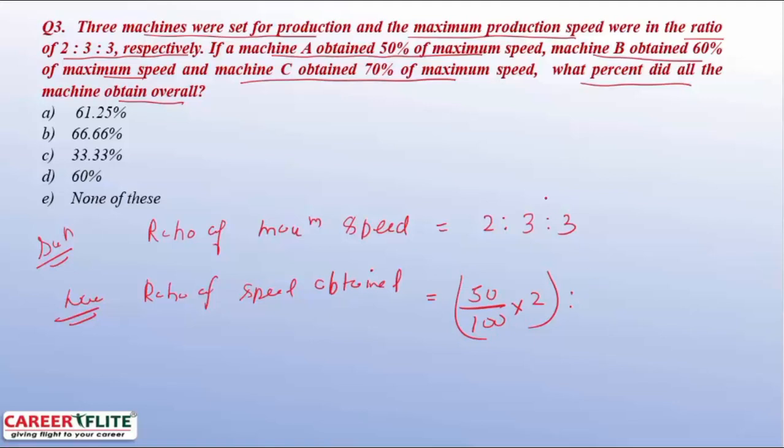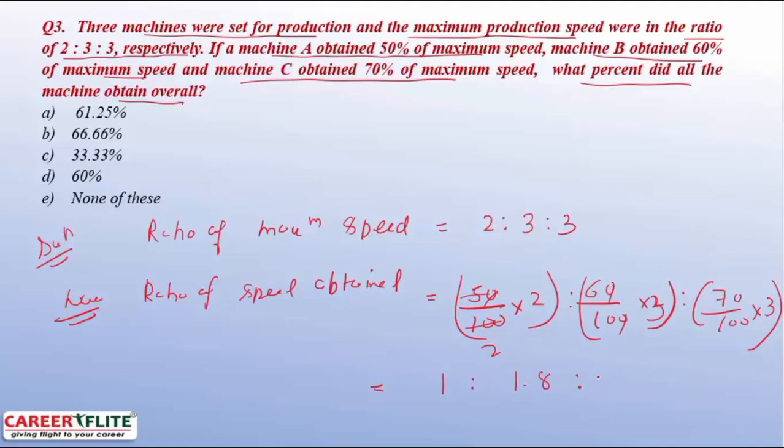Then for the second it is 60% of the second ratio, and at last 70% of the third ratio, that is 3. If you solve this, we'll get the ratio as 1 : 1.8 : 2.1.